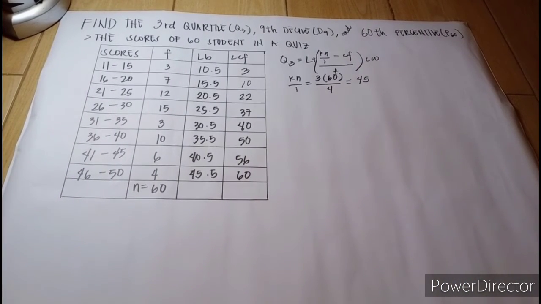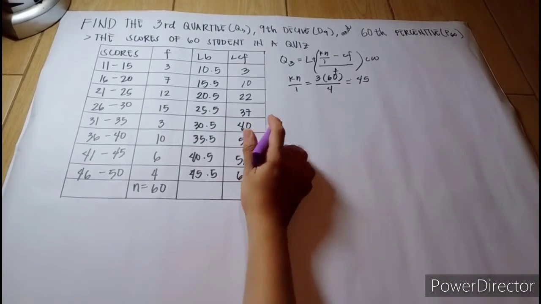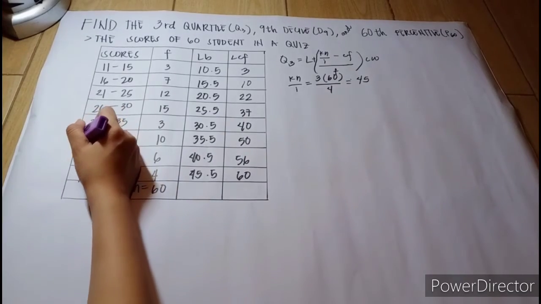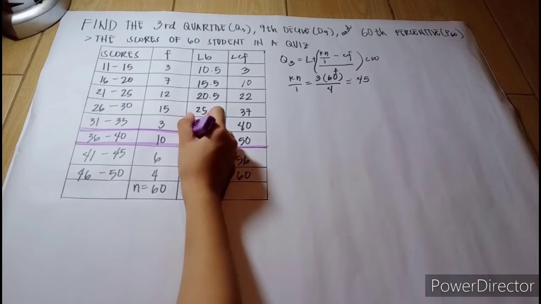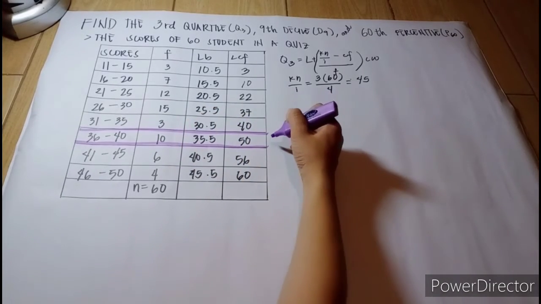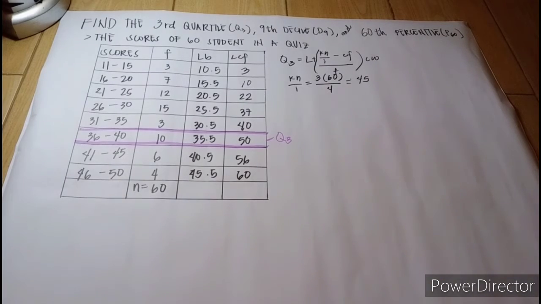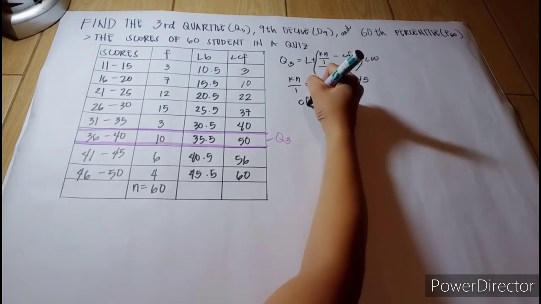So 45 is in between 40 and 50. So this is the class that we need. Our CF is 40 because it is the preceding cumulative frequency.